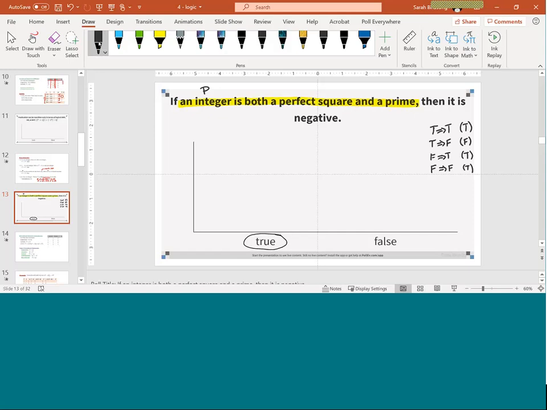So I'll go ahead and put Q down here. Okay. So if we look just at that if part of the statement, the hypothesis part of the statement, could we ever find an integer that is both a perfect square and a prime number? What do you guys think? Could we ever find an integer that's both a perfect square and a prime number?